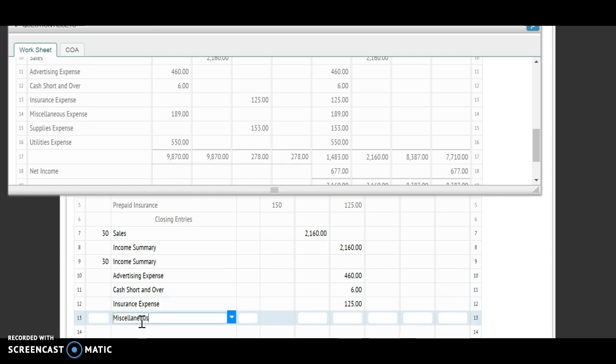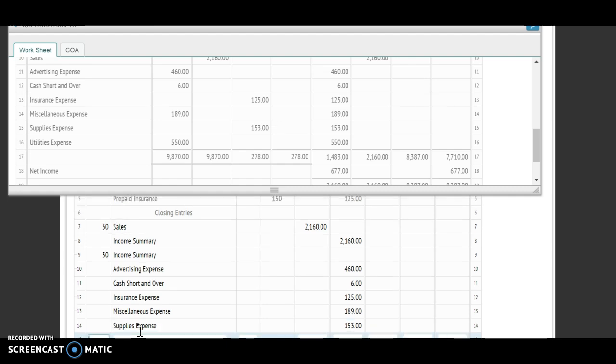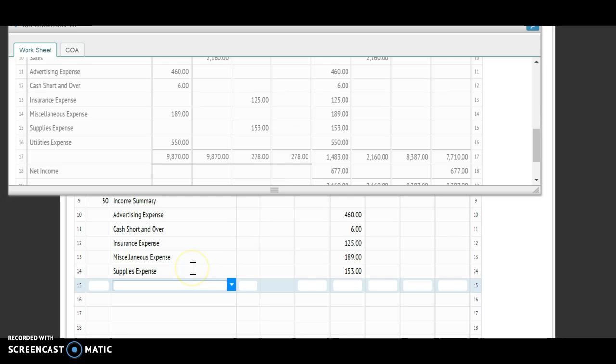Miscellaneous expense, credit $189. Supplies expense, credit $153. And then I have, scroll down there, my utilities, and I'm going to credit that for $550.